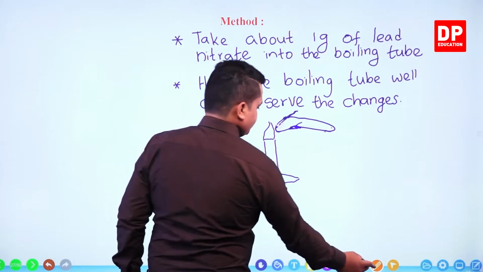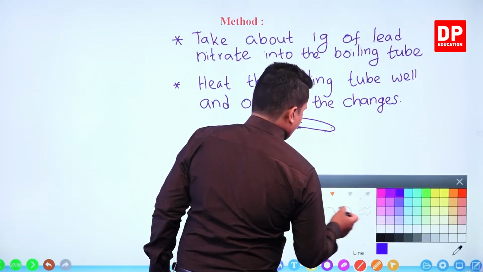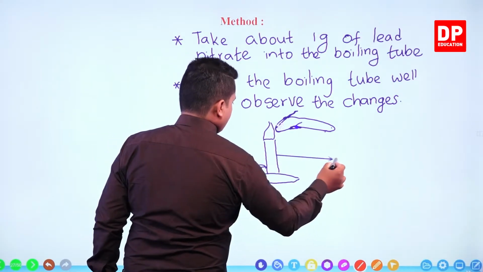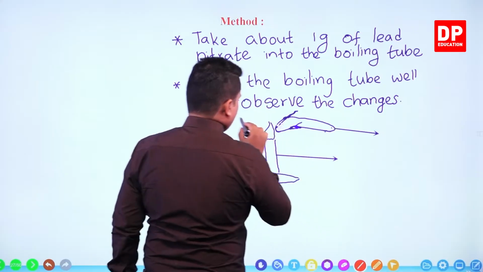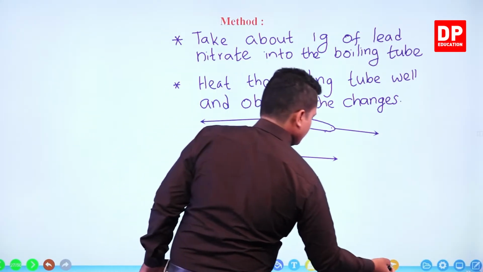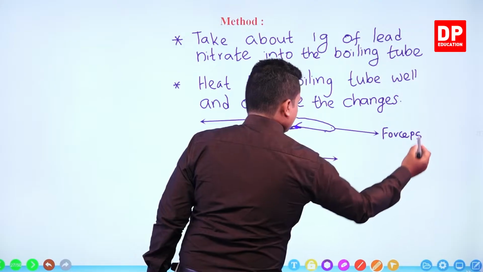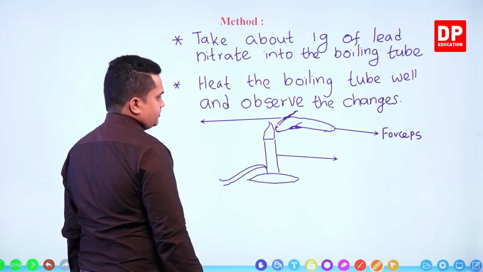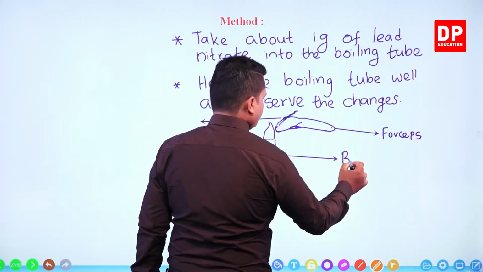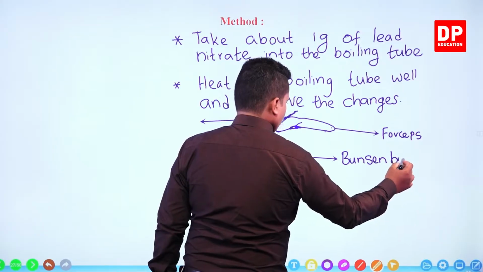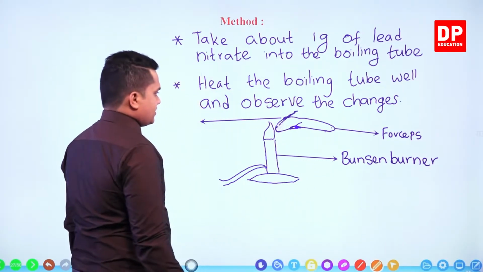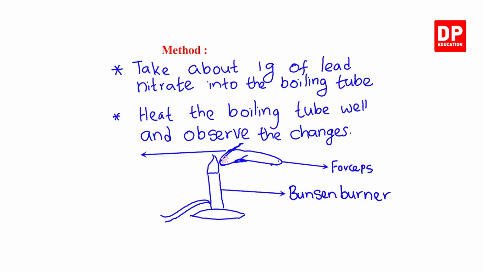It's really simple. So if I'm going to mark out the materials, this is the forceps, then the Bunsen burner, and this is the final one, the boiling tube with lead nitrate.